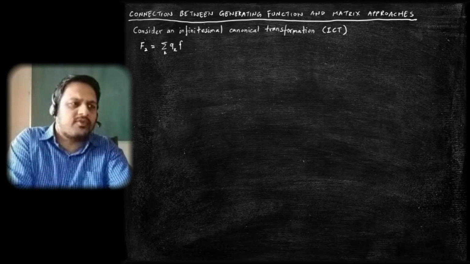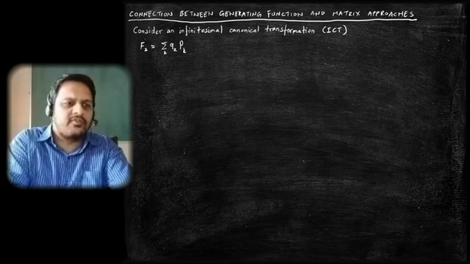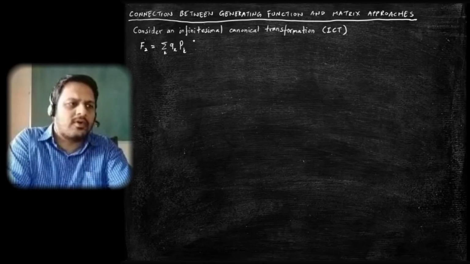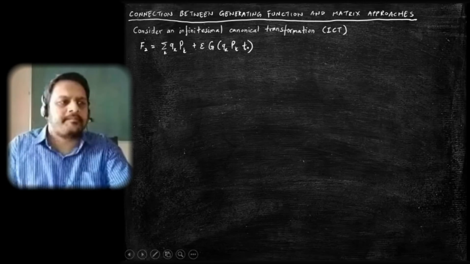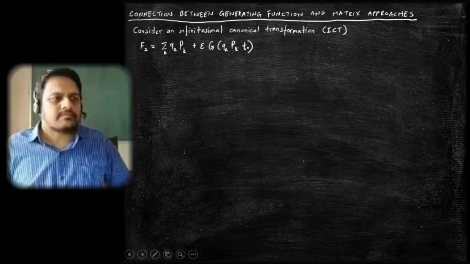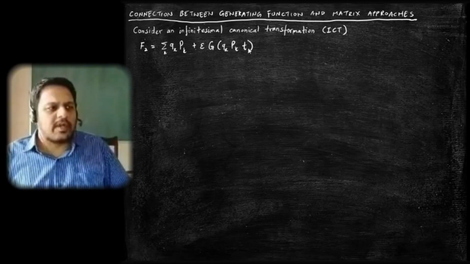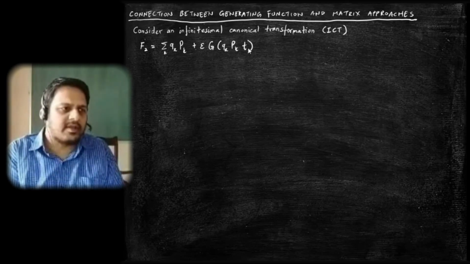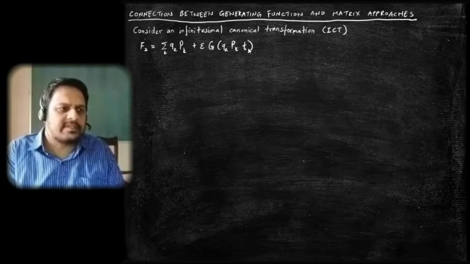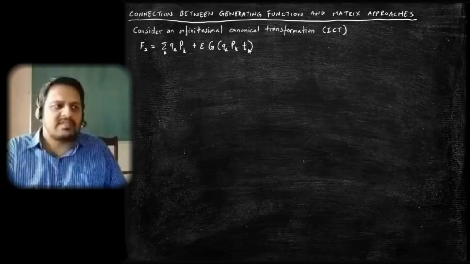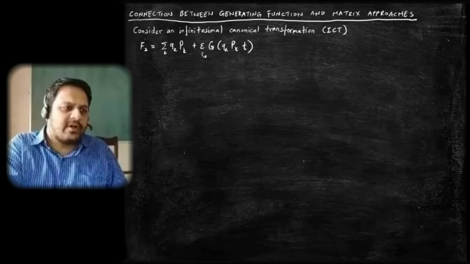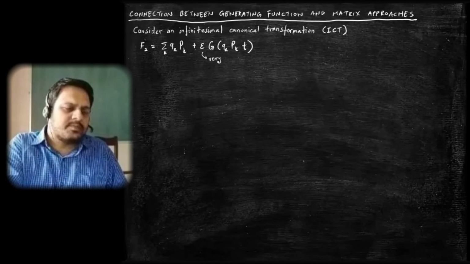If you remember, F2 type functions are functions of new momenta and old coordinates. It is summation k of small qk times capital Pk, plus epsilon times some other function G. This epsilon is very, very small.